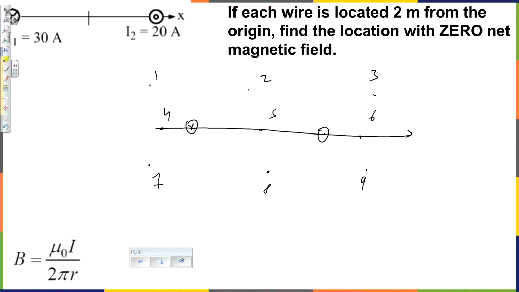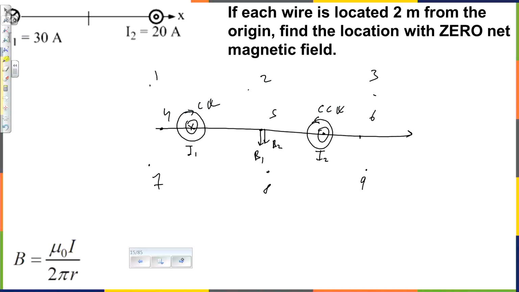So here, clockwise, counterclockwise, we call it I1, we call it I2, so that would have been B1, that would have been B2.